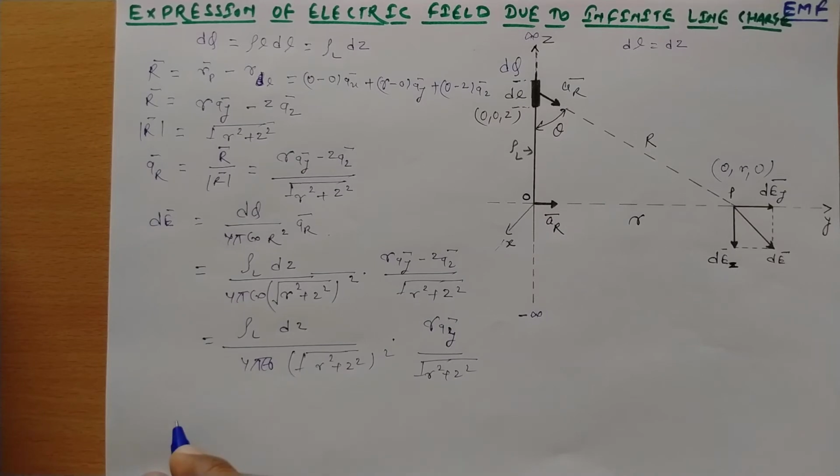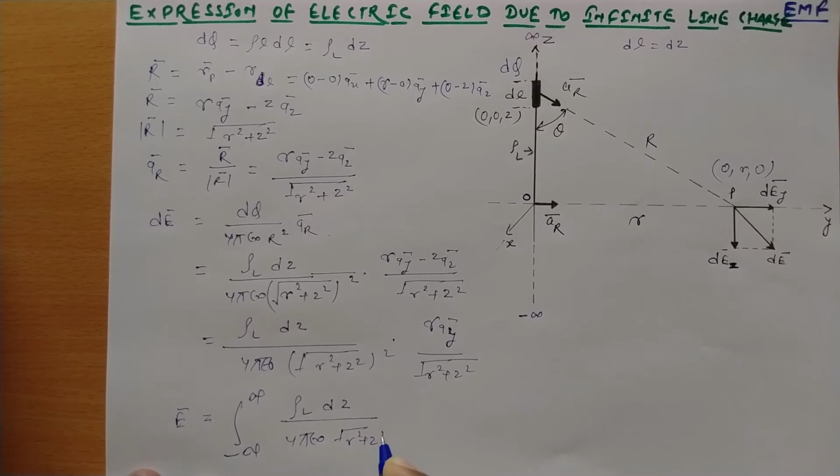So the electric field intensity will be given as the integral from minus infinity to plus infinity of rho l dz divided by 4 pi epsilon naught times (r squared plus z squared) to the power 3/2, and here we have the a_rho component, okay.